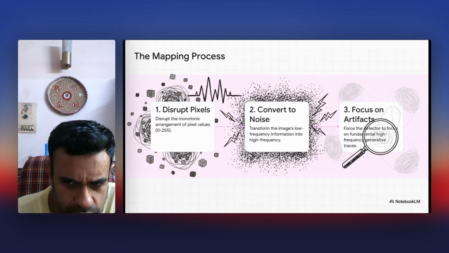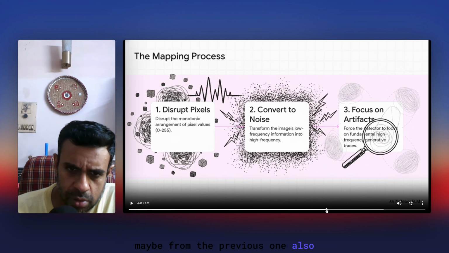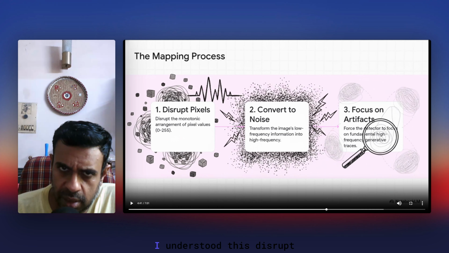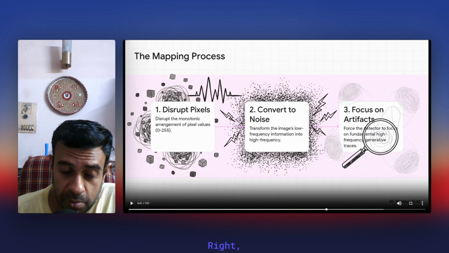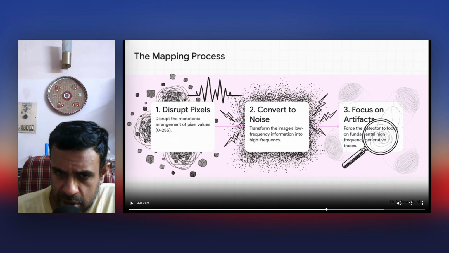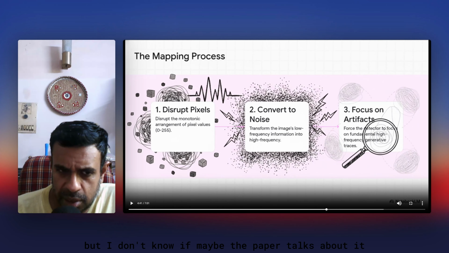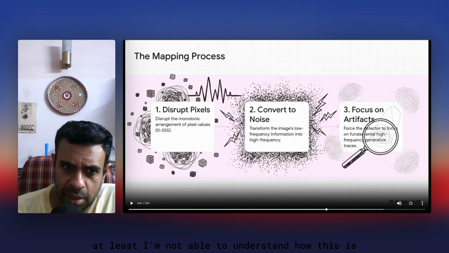Second, this turns... So what I'm not understanding here so far, maybe from the previous one also: I understood this, disrupt, convert to noise and focus on the artifacts, but how are they doing it, right? This is the method, and it makes sense. But I don't know if maybe the paper talks about it, but from this video, at least I'm not able to understand how this is done.